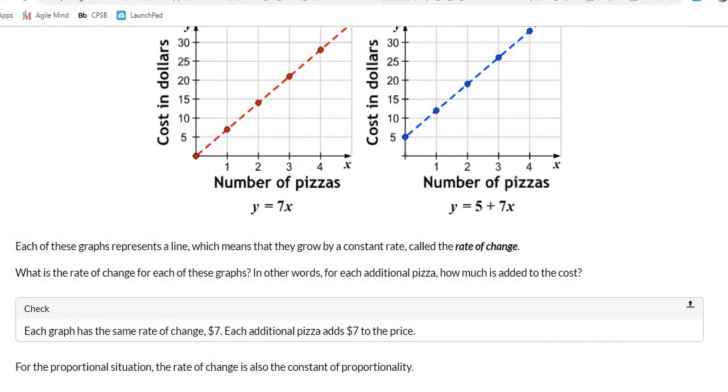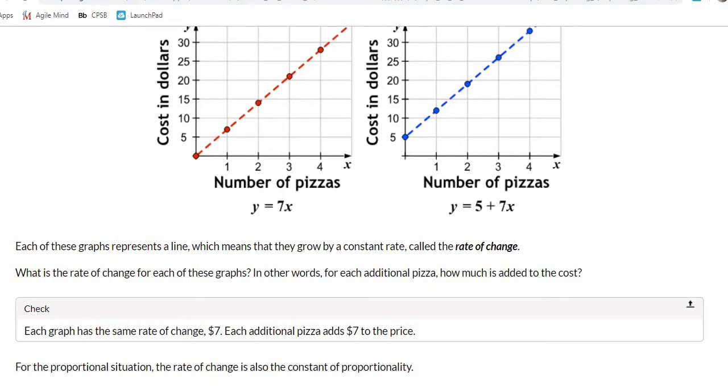Your 2b says, for the proportional situation, how can you identify the constant of proportionality? By dividing. How did you find the constant of proportionality? What did you immediately look at? The equation, or you could have looked at the graph, but can you really tell from the graph exactly where it is falling? No.